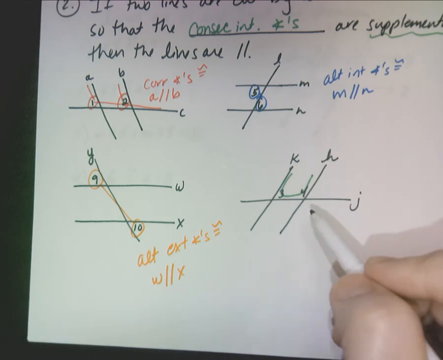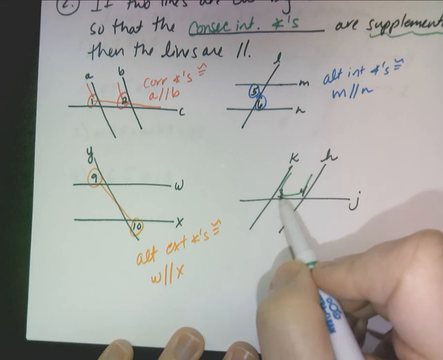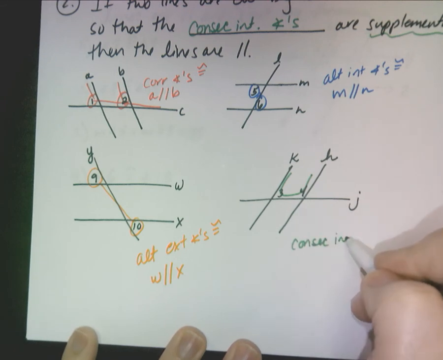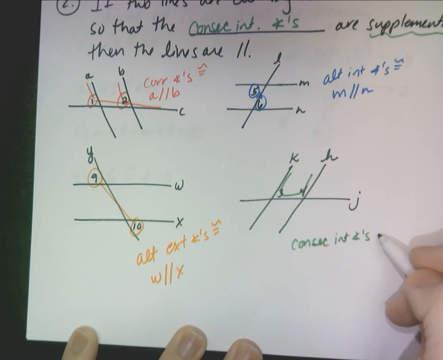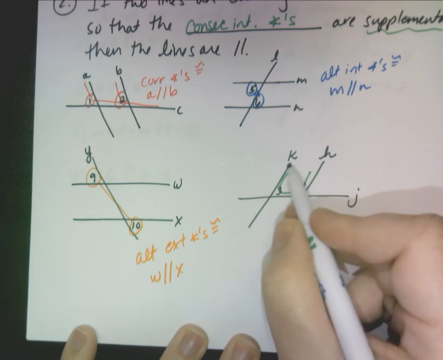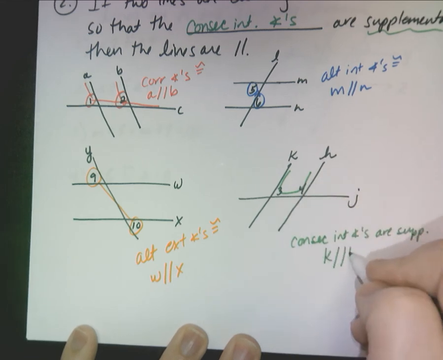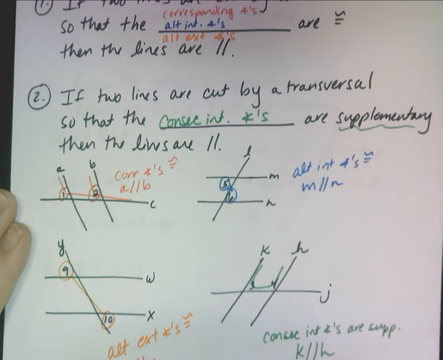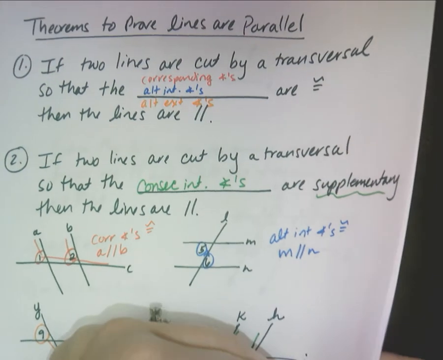Those are consecutive interior angles. They're not congruent. They are supplementary. Then these two lines, K and H, would be parallel. And so that's what we're going to talk about mainly today.